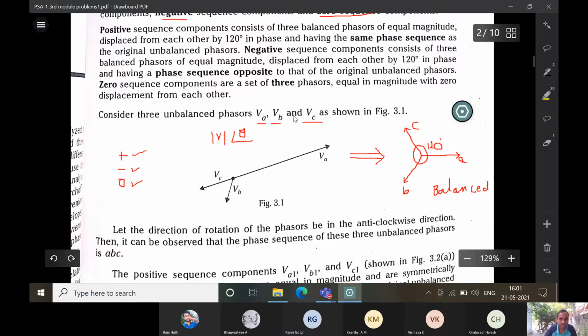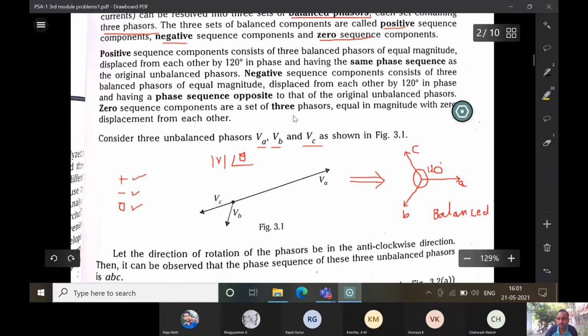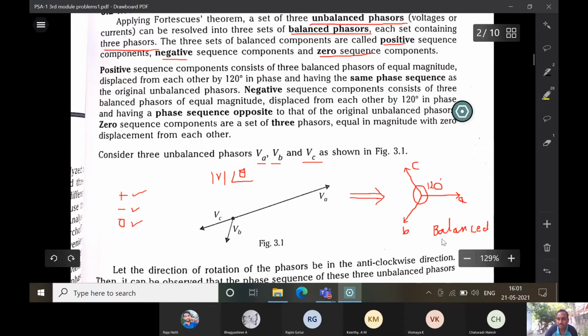Positive sequence means the balanced system. I have written here A, B, C, all equal in magnitude and differing by 120 degrees. The direction will be like this. Positive direction is the anti-clockwise direction. When you go anti-clockwise, that is positive, and if you go in the other direction, that will be negative.